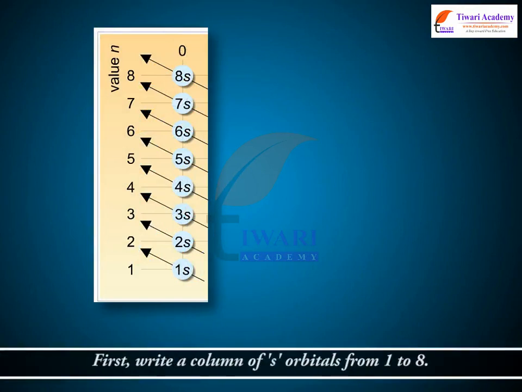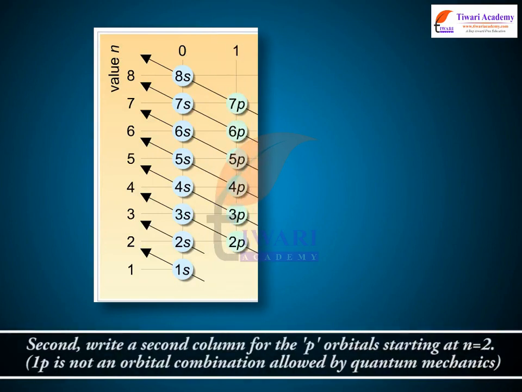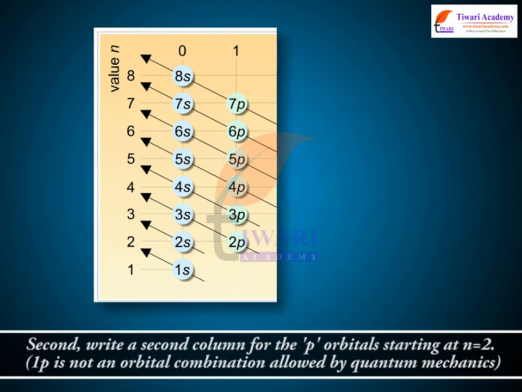First, write a column of s orbitals from 1 to 8. Second, write a second column for the p orbitals starting at n equal to 2. 1p is not an orbital combination allowed by quantum mechanics.